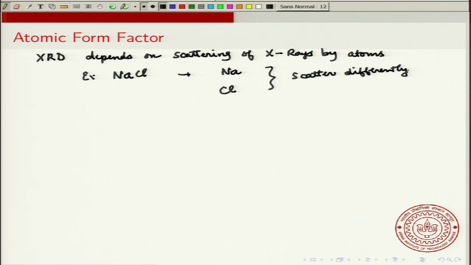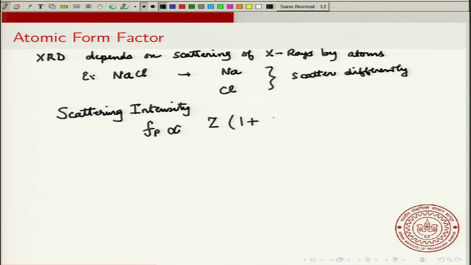In general, the scattering intensity Fp is proportional to Z times (1 plus cos squared theta).